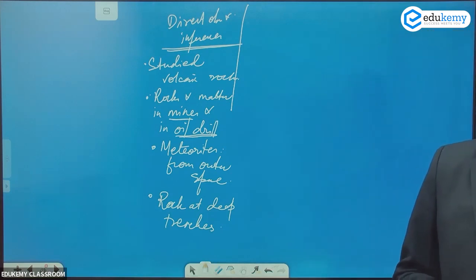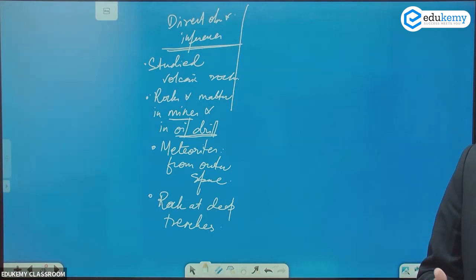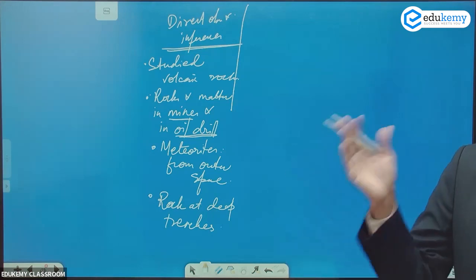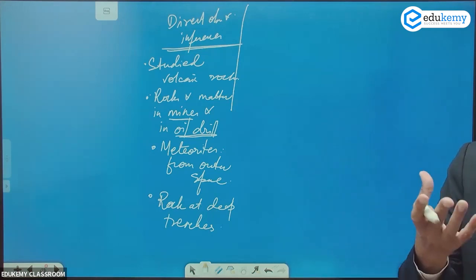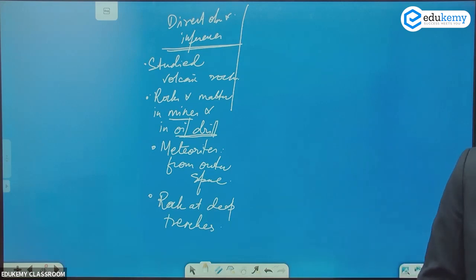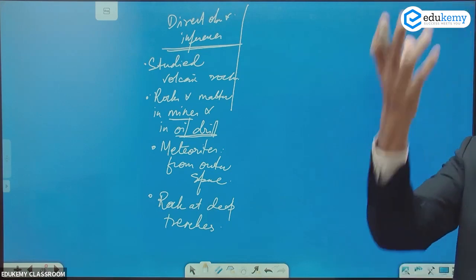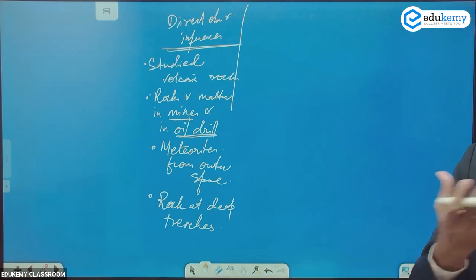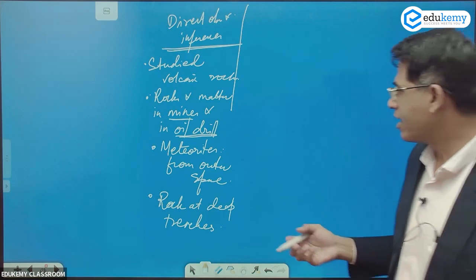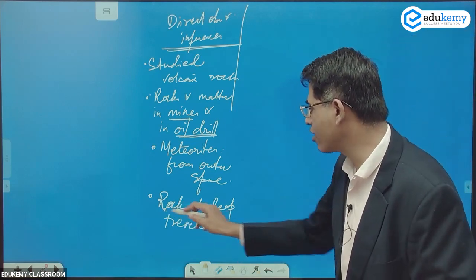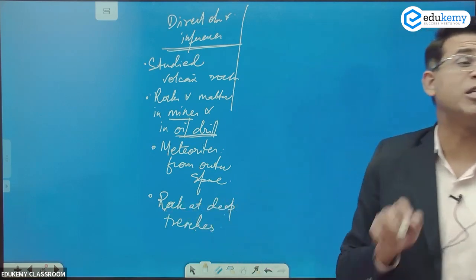How are meteorites useful? Because ultimately Earth is also one of the components of the universe. So if I know what meteorites are made up of, if I know what are the compositions of those cosmic rocks, I can infer. So meteorites, and I have studied rocks at the deep trenches.